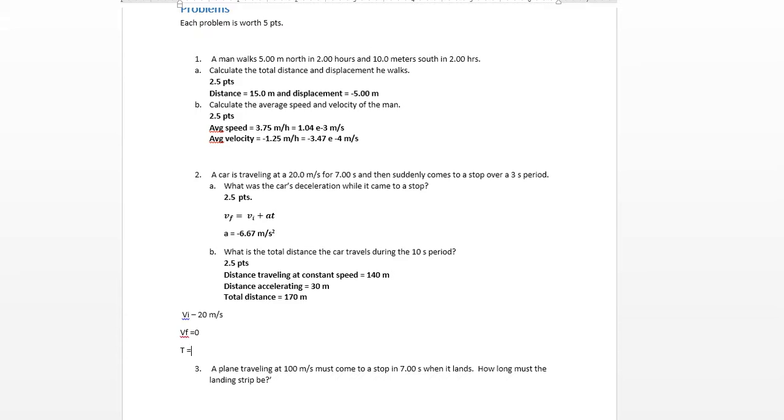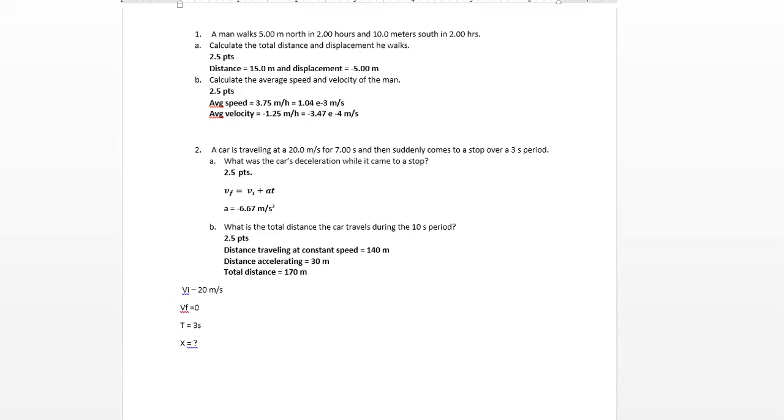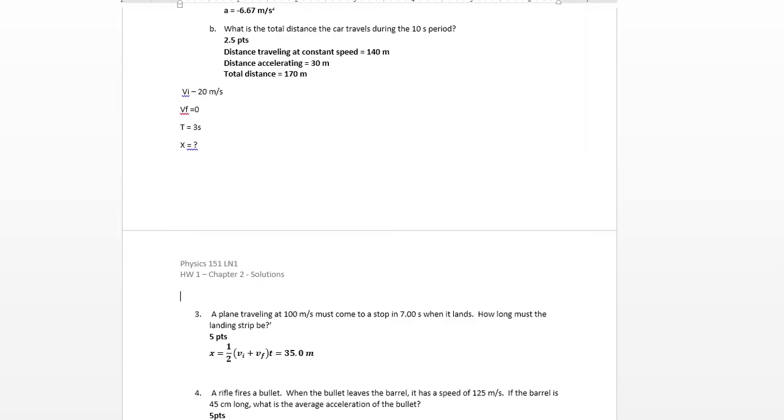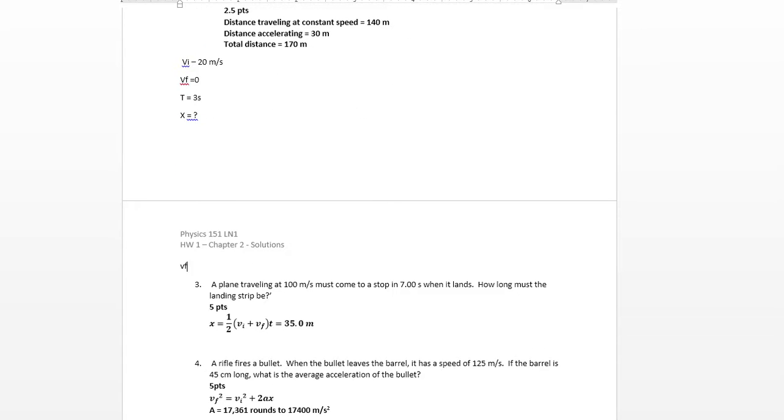I know that it does that in 3 seconds, and I'm looking for X. So the only formula I have that works for that is VF squared equals VI squared plus 2AX.